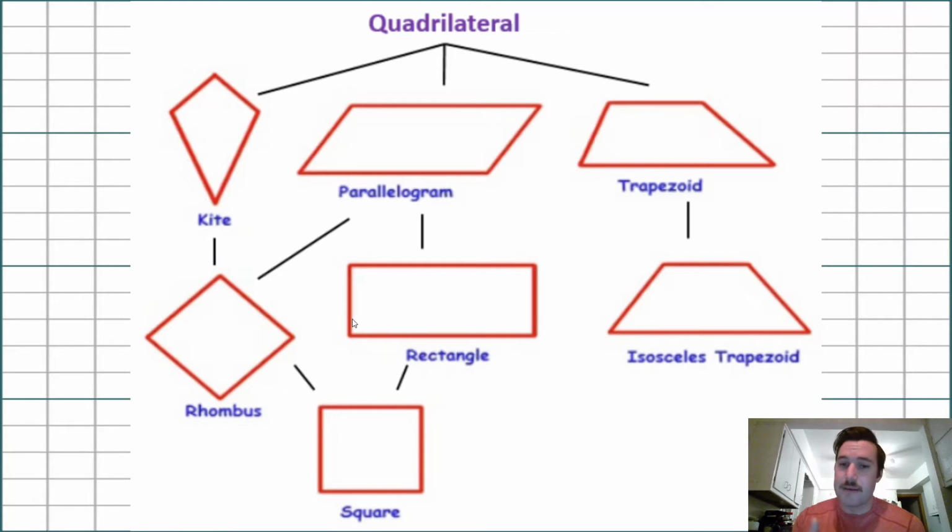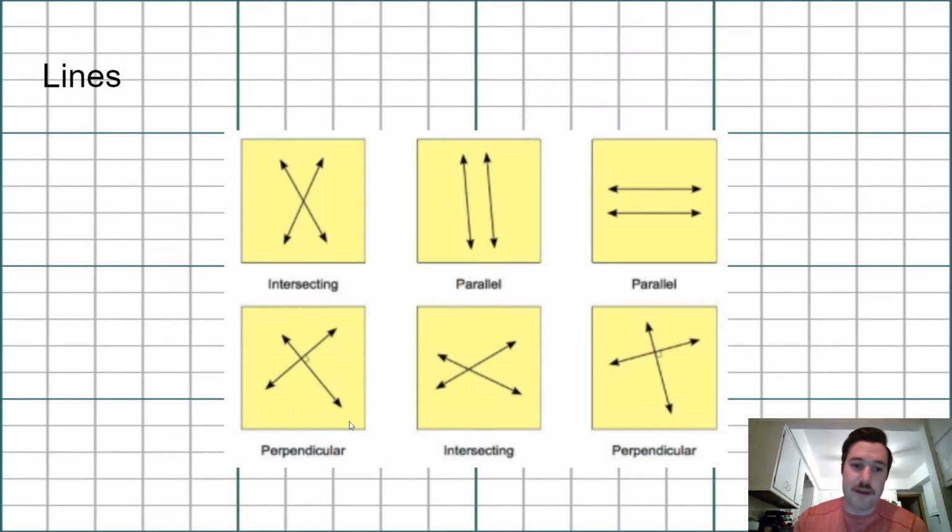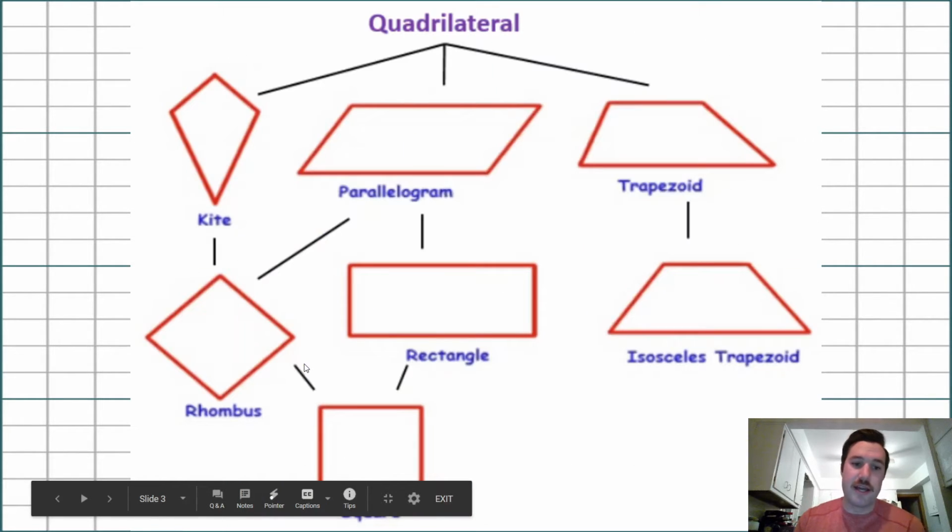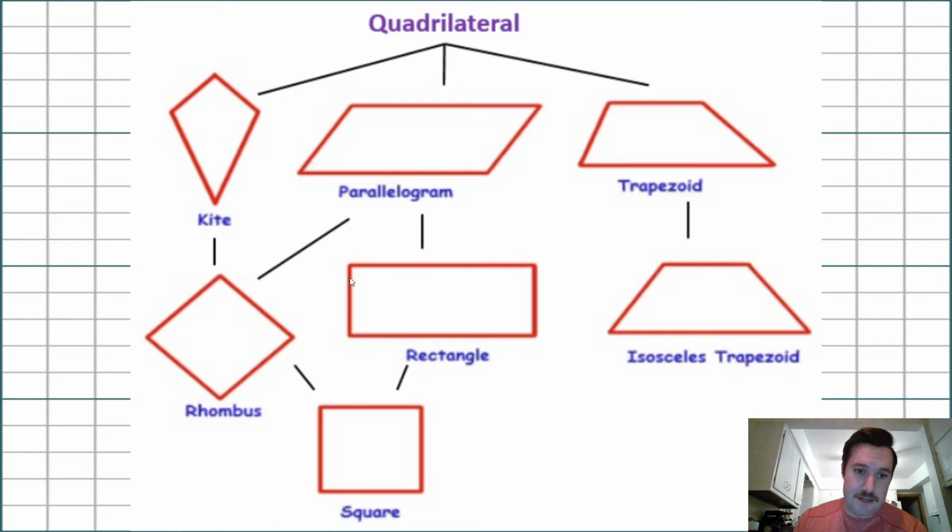Intersecting means that they run into each other. Now, a special type of intersecting lines is perpendicular lines. Perpendicular lines are ones that intersect at a right angle, at exactly 90 degrees.